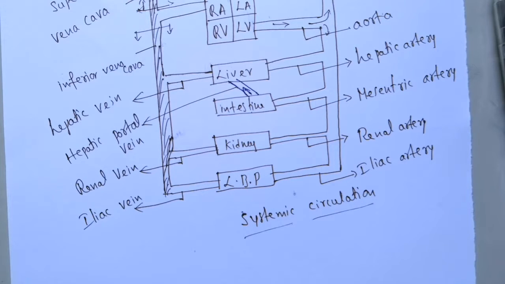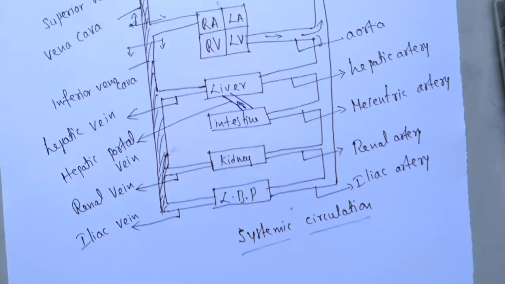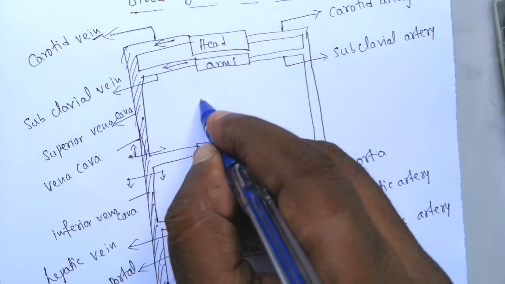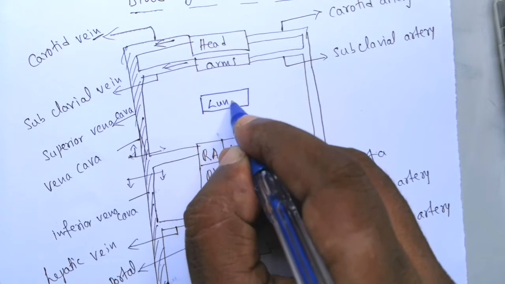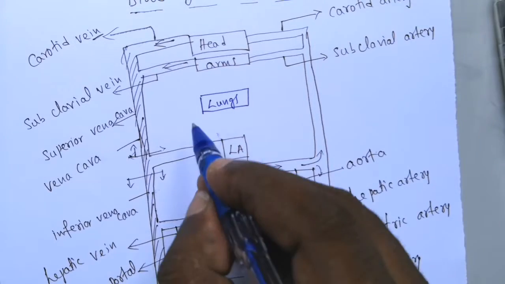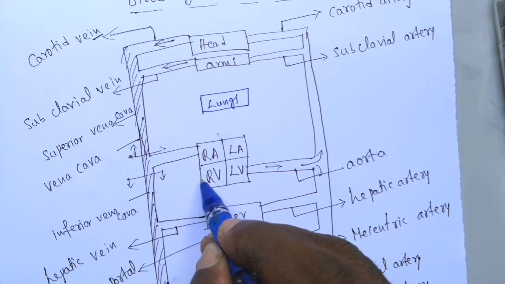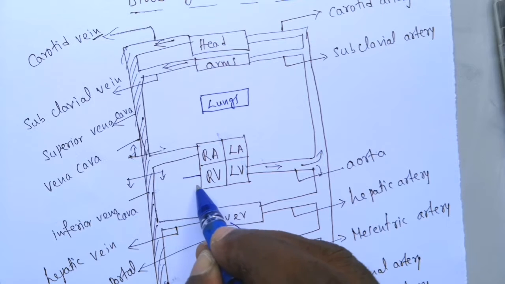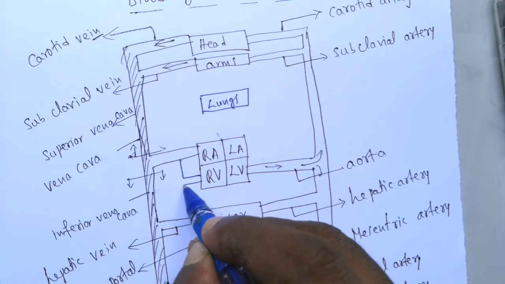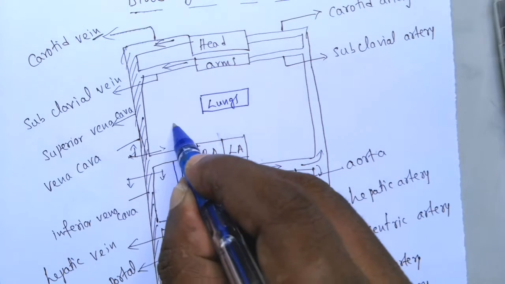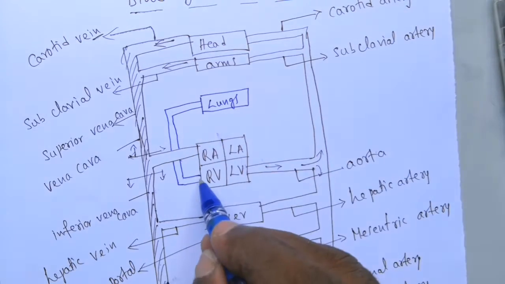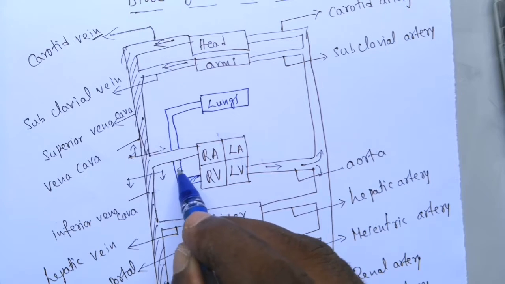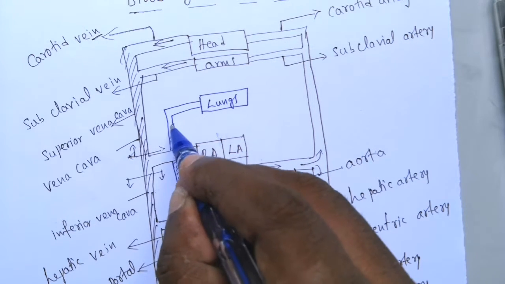Let's draw pulmonary circulation. Pulmonary circulation is the circulation of blood to lungs only. The lungs get the blood from right ventricle. The blood vessel which takes blood to lungs is called artery, which I am shading now.